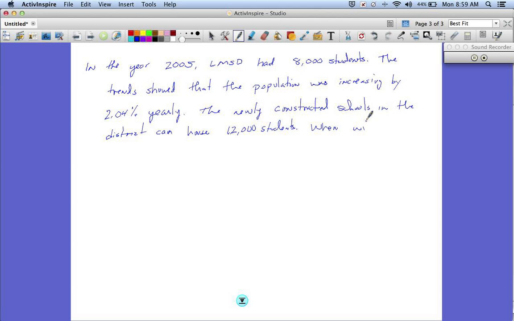When will the population exceed the school size? When will the population exceed the school size or the limit?